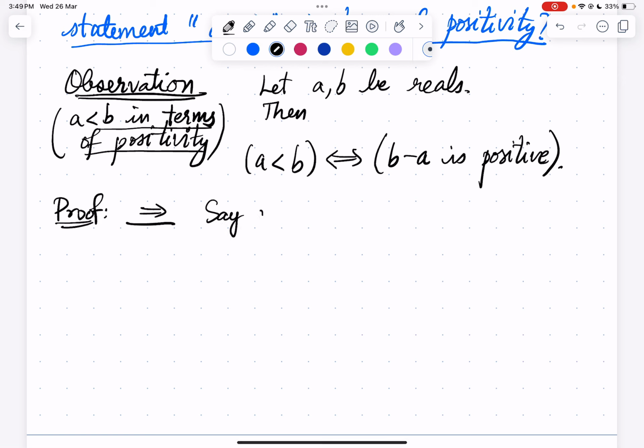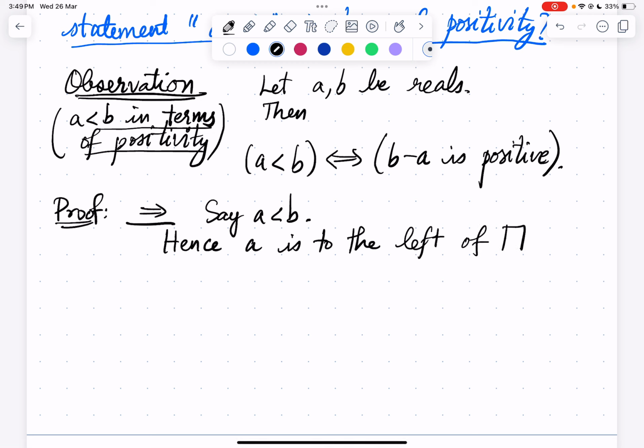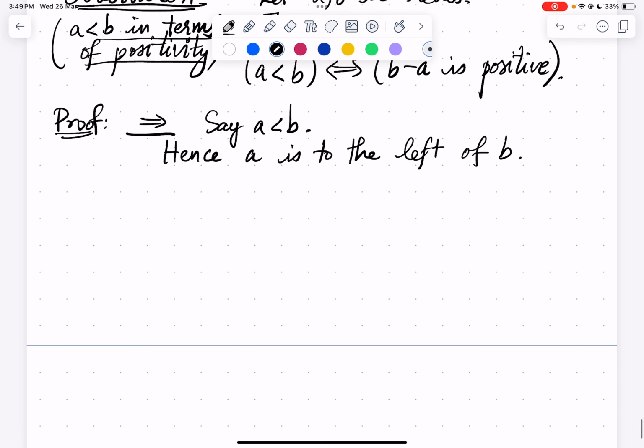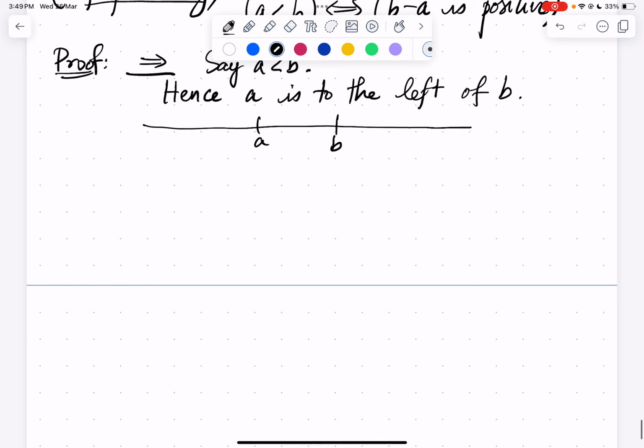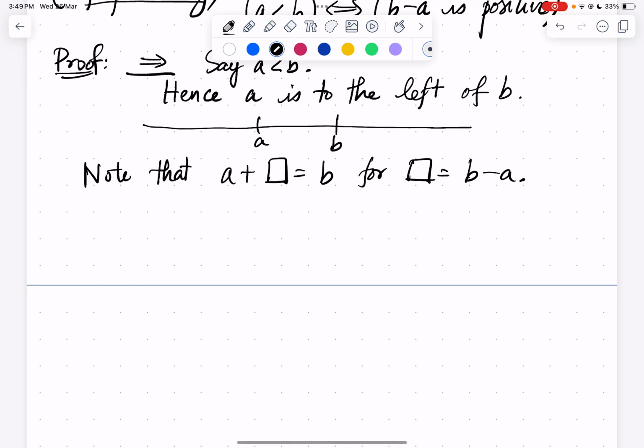So say A is less than B. It means, hence, A is to the left of B. So A is to the left of B. But note that A plus box equals B for box equals B minus A. Okay.